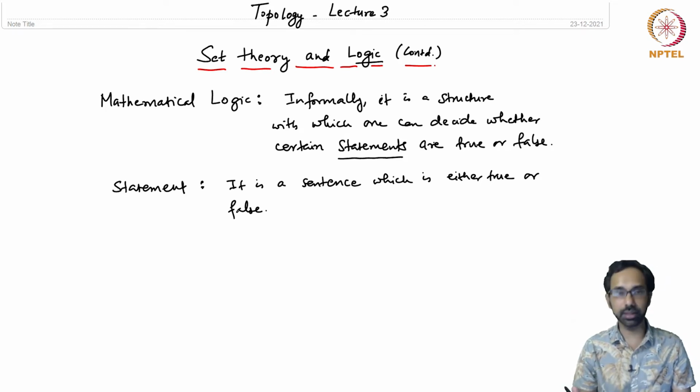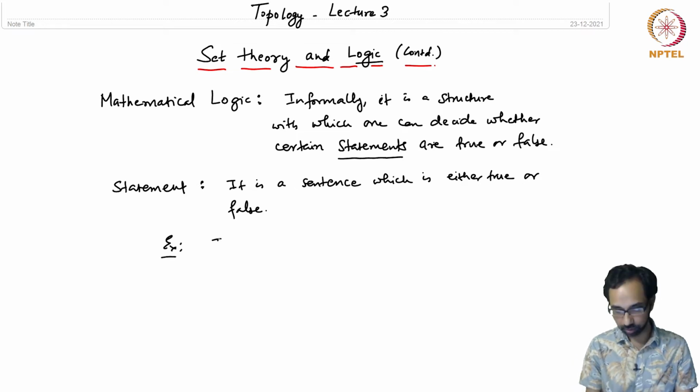Not all sentences in the English language can be expressed as either true or false. For example, if you ask what is the day today, that is not a statement which can be declared either true or false, but there are certain kinds of sentences which one can decide whether they are true or false. For example, today is Thursday.